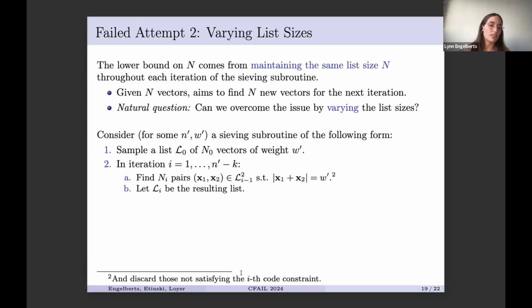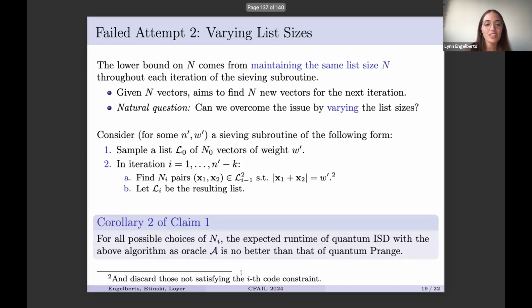And then we let Li be the resulting list, and we repeat this for all the iterations until we have found the capital N_{n'-k} codewords. And unfortunately here as well, we failed. So what we showed is that for any possible choices of these Ni, of these list sizes, the expected runtime of quantum ISD with the above algorithm as Oracle A is no better than that of quantum Prange.